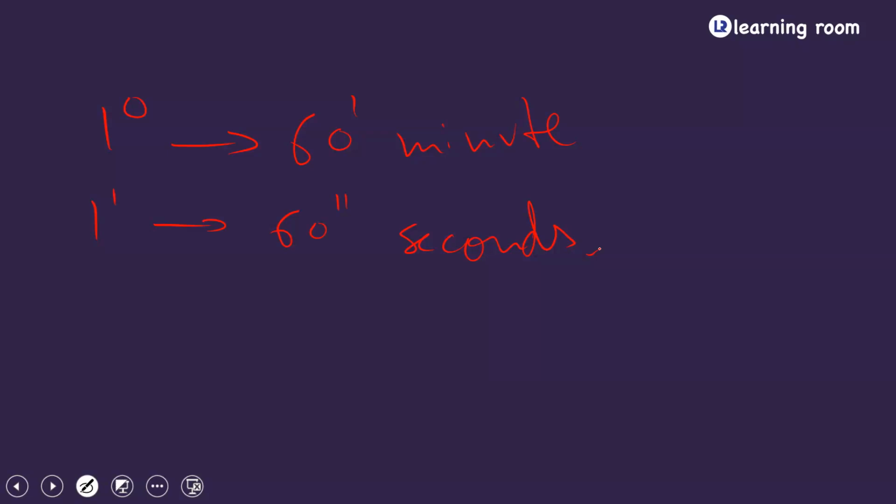I have 1 degree. I want to measure something which is less than, say, half a degree. I need some smaller unit, so I divide by 60 and get 1 minute.